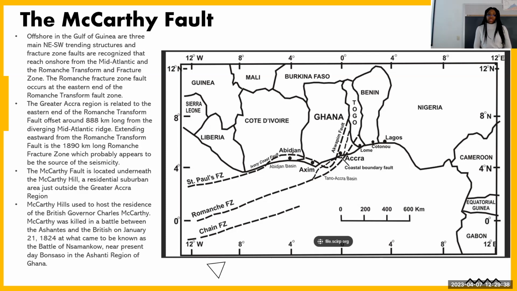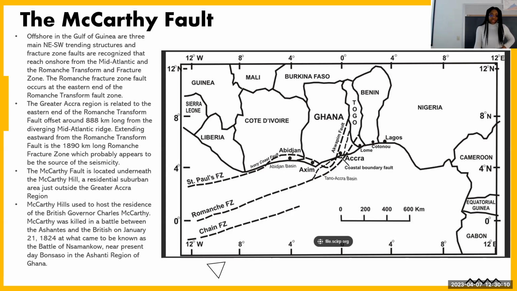The Greater Accra region is related to the eastern end of the Romanche transform fault, but it's offset roughly 888 kilometers long from the diverging mid-Atlantic ridge. Extending eastward is the Romanche transform fault, which is the 1,890 kilometer long Romanche fracture zone. So that's what this is. And that appears to be the source of most of the seismicity detected around the southern border of Ghana.